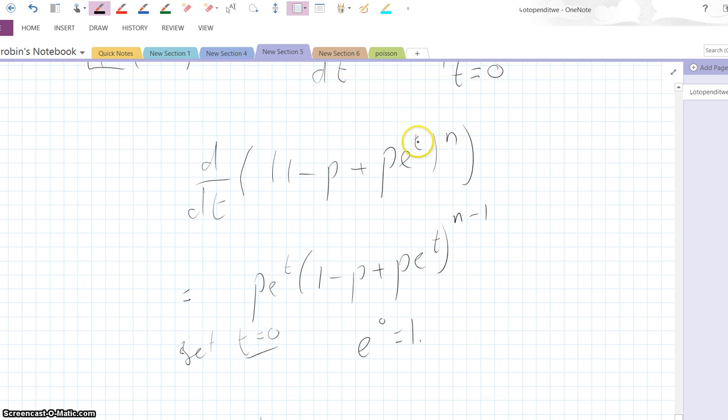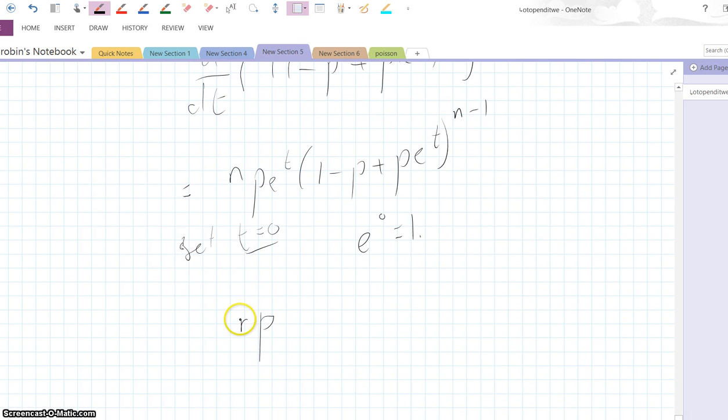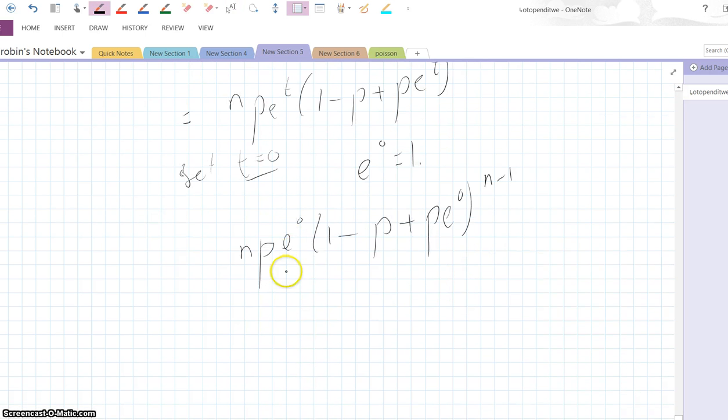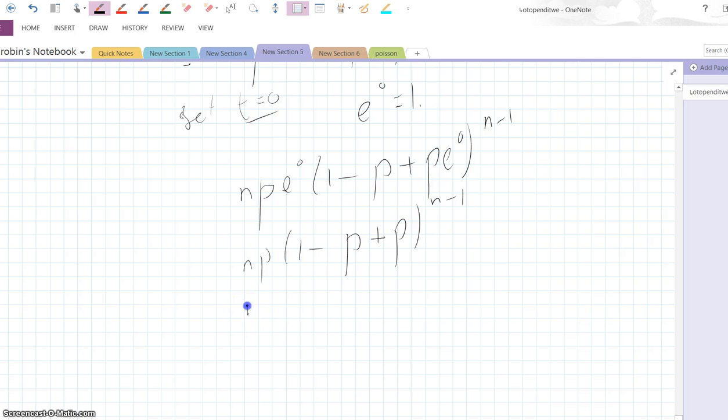When you differentiate, you take the n down. So it's np e to the 0 times 1 minus p plus p e to the 0, to the power n minus 1. That e to the 0 is just 1, so it's np times 1 to the power n minus 1, which is just n times p.